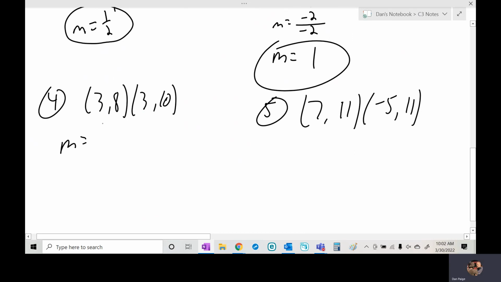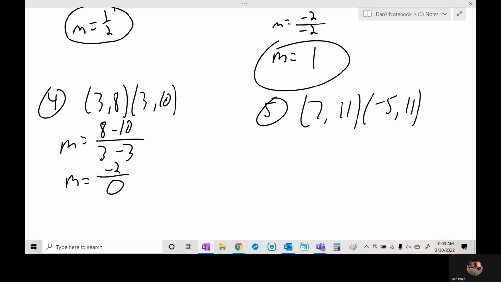We've got the y minus the y, no big deal there, over the x minus the x. Well, that's going to get strange. 8 minus 10 is negative 2. 3 minus 3 is 0. That doesn't really make much sense. You can't have negative 2 zeroths.